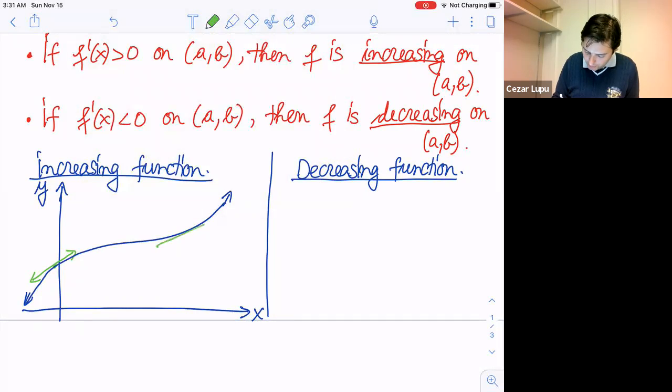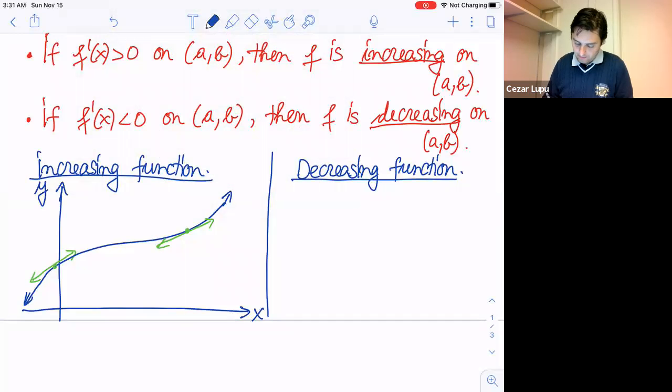As you can see, the graph is rising, so the function is increasing. And now let's picture something decreasing.